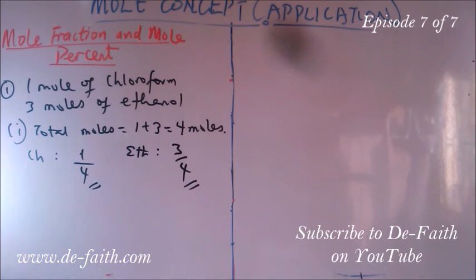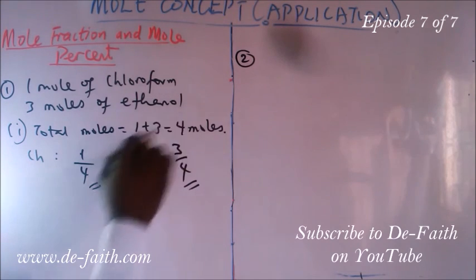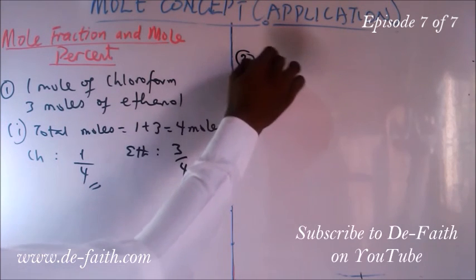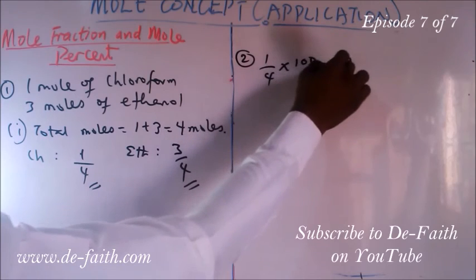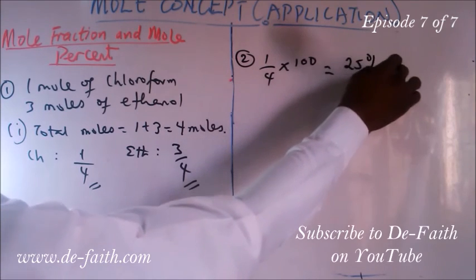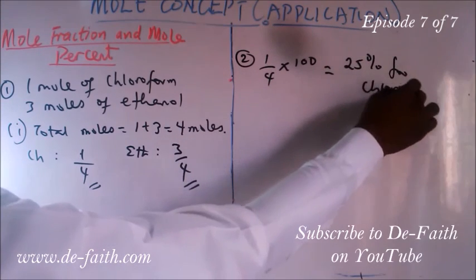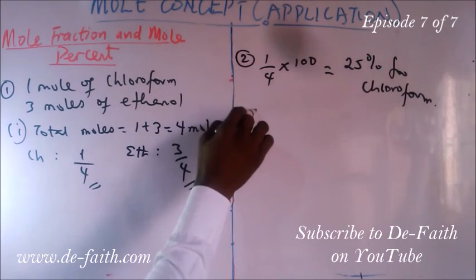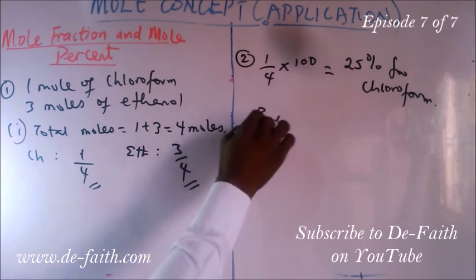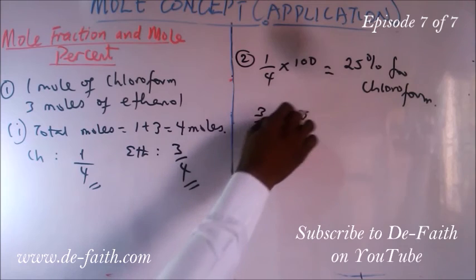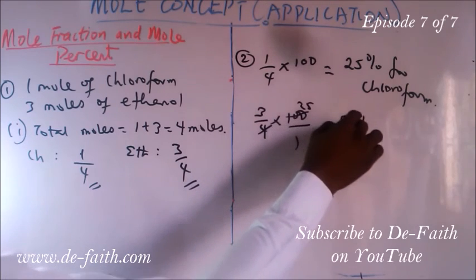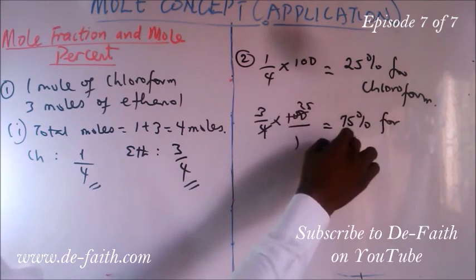That is the mole fraction. And for number 2, we're to calculate the mole percent. So the mole percent is 1 over 4 times 100, and that is 25% for chloroform. And then for ethanol, we have 3 over 4 times 100 over 1, and that produces 75% for ethanol.